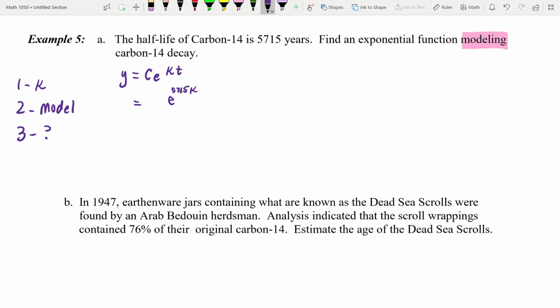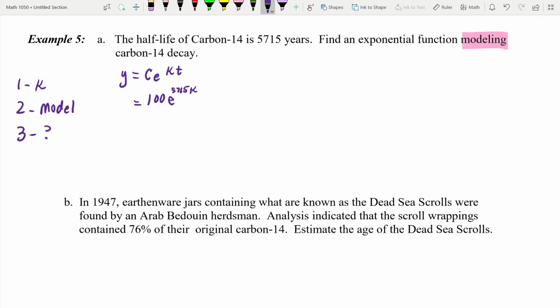Now I'm all out of numbers, but I still need an initial amount and a new amount. Does anybody have any advice on what we could do with that? Make it up. That's exactly what I do, Jackson. And I choose the easiest number I could think of. For me, most of the time it's going to be 100.